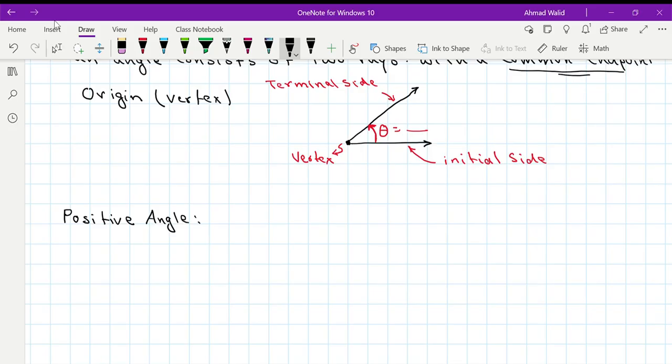The rotation of the terminal side is counterclockwise.